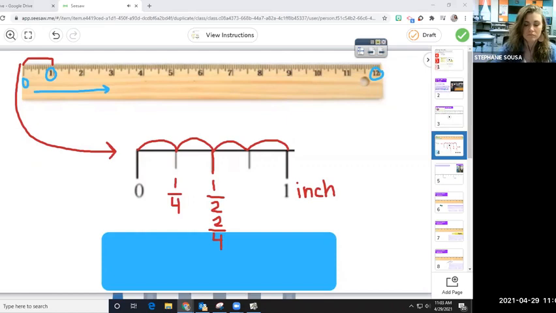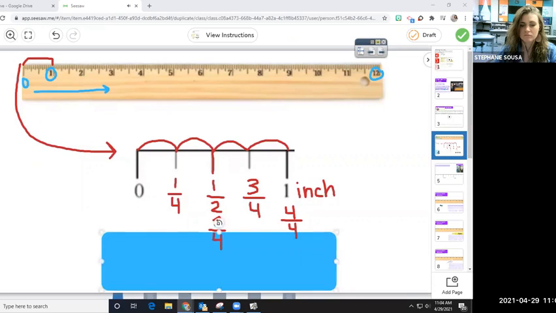If I add another 1/4, this tick mark is called 3/4. If I keep going to my 1 whole, it would be equivalent to 4/4. These are the tick marks we're going to use when we measure using a ruler and measuring in inches.